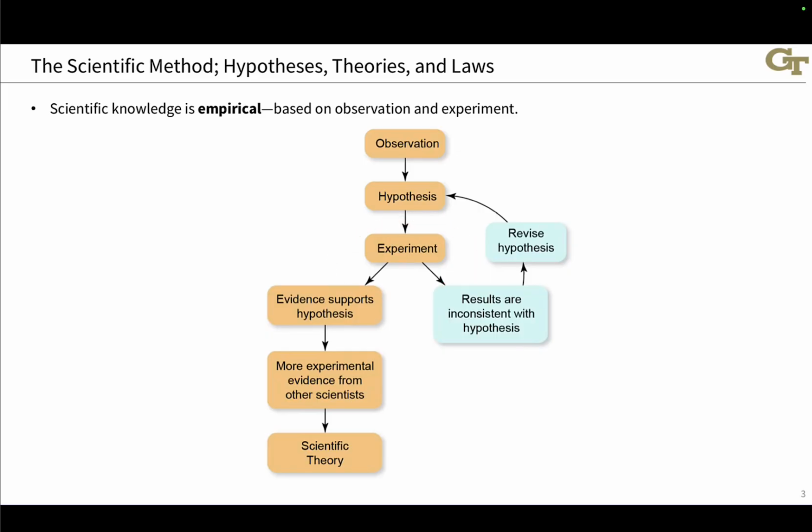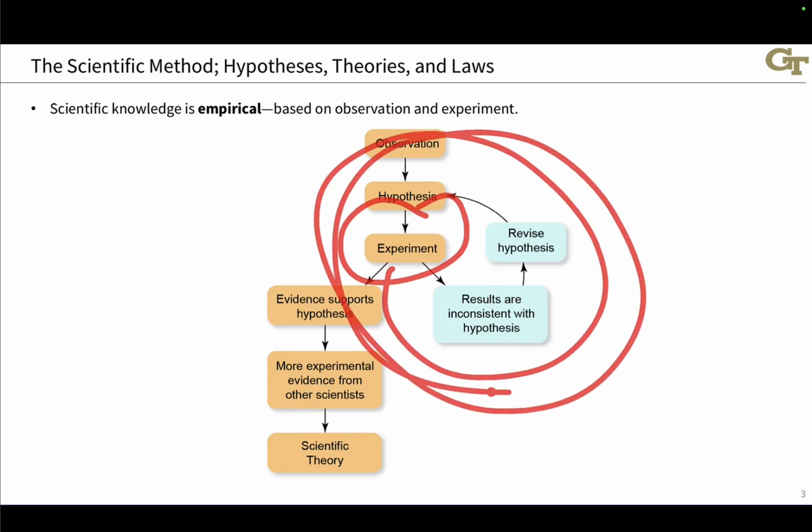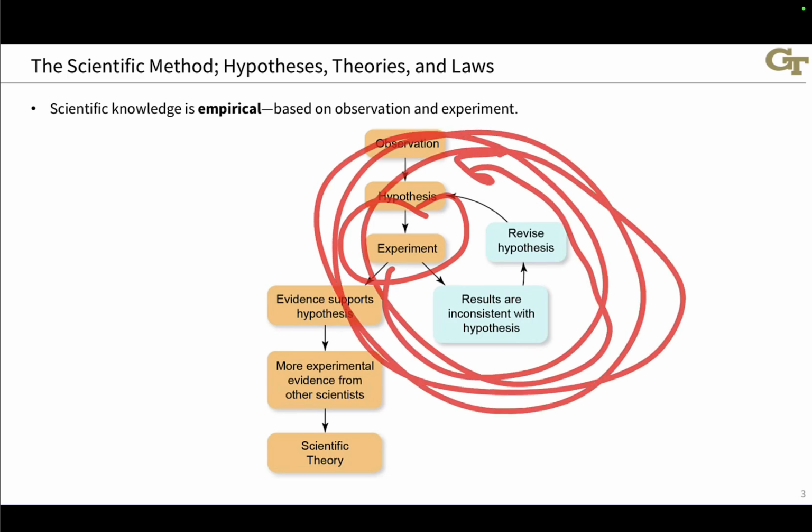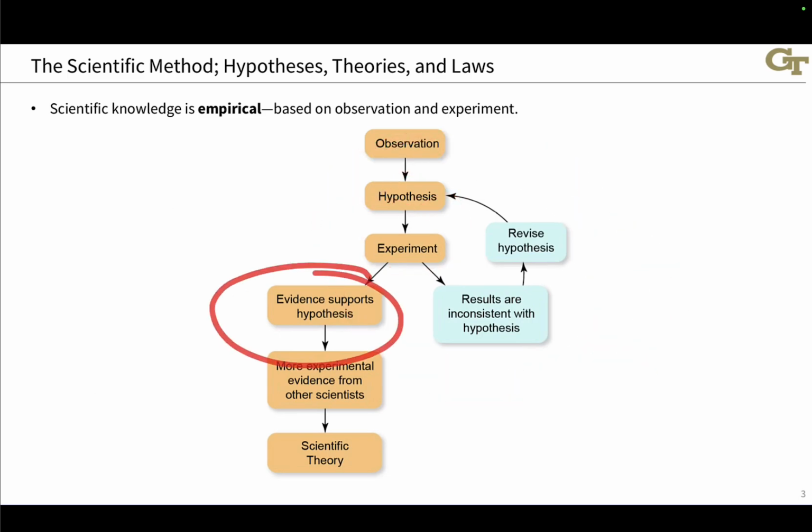And that experiment, hypothetically, in a highly idealized world, either supports the hypothesis or is inconsistent with the hypothesis. And if the latter result is observed, then we go back and revise our hypothesis, come to a new hypothesis, carry out another experiment, and basically go around and around in this circle until we get evidence that supports whatever hypothesis we end up landing on.